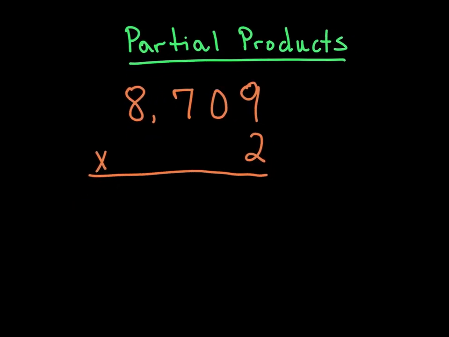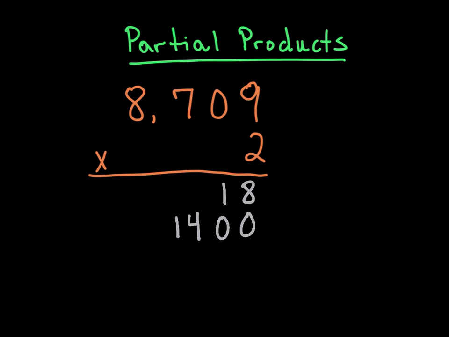Okay, our next one is 8,709 times 2. I'm going to do the partial product, the vertical form. So 9 times 2, that's 9 ones times 2 ones is 18 ones. We don't have any tens, so I'm just going to skip that because it would just be 0. Again, you could put your 0 placeholders, but we're not going to do that. 7 times 2, well, that's 14, and it is in the hundreds place.